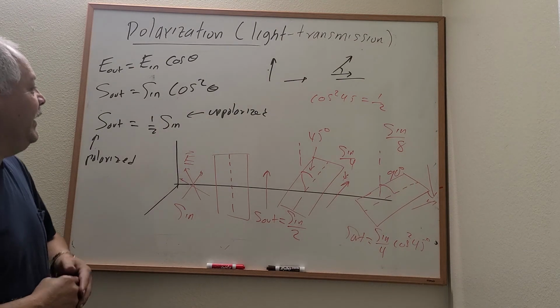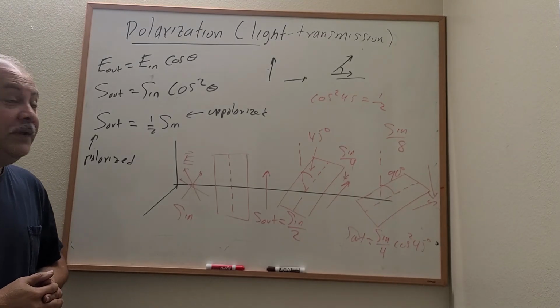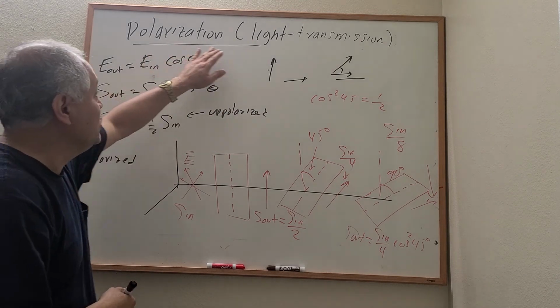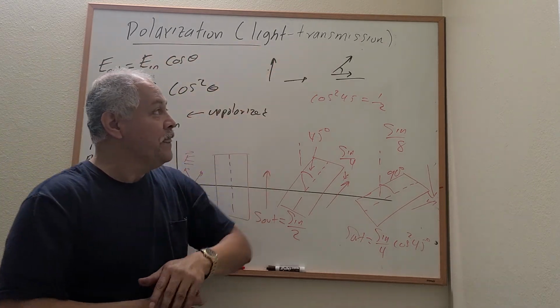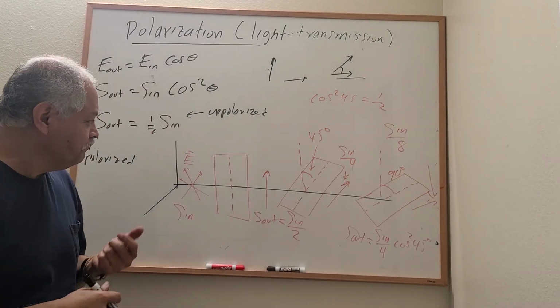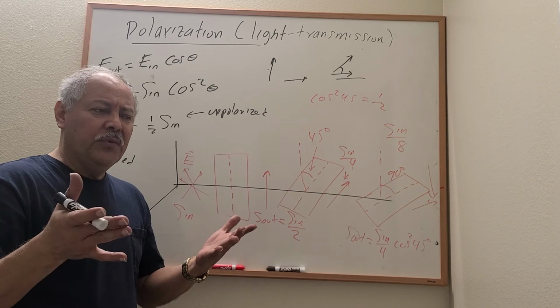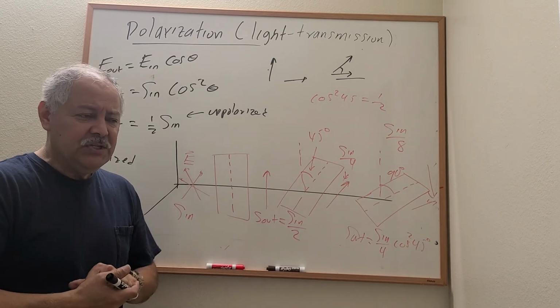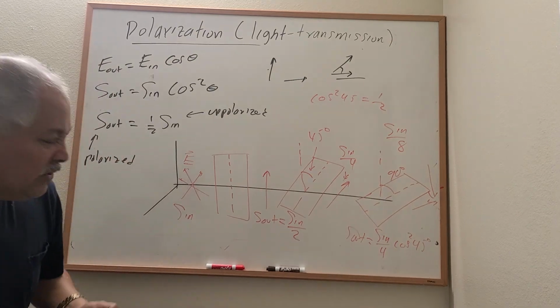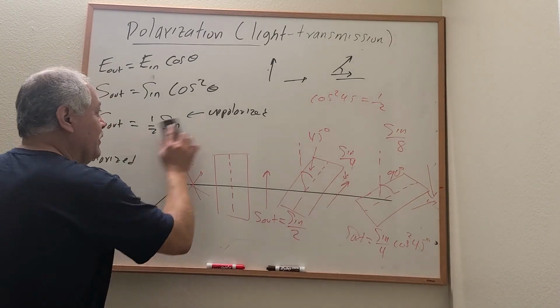Okay, perfect. And with this, we finish this section. Remember, we are covering only polarized light using transmission. We have another type using reflection, which covers higher levels, especially. We use the Brewster angle, but don't worry about it in this chapter.